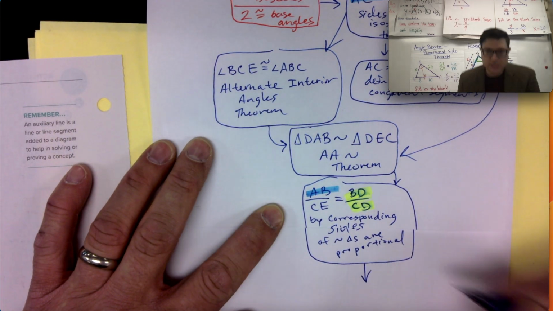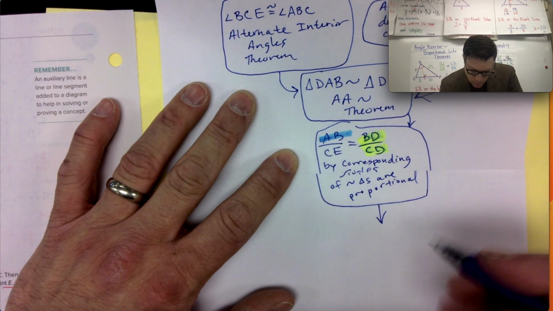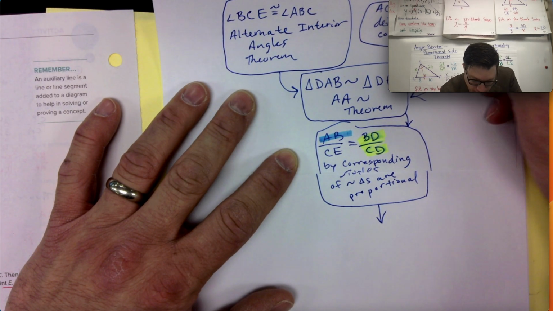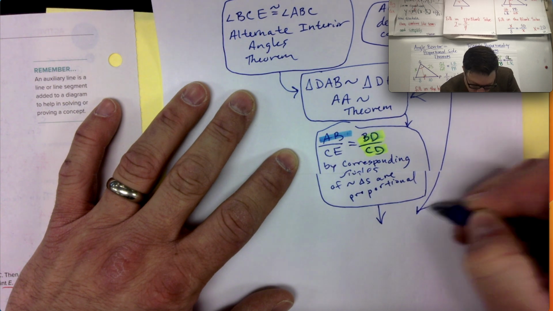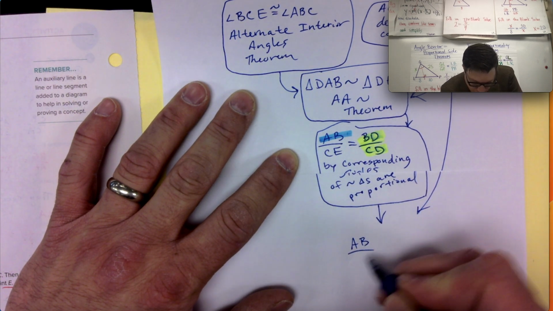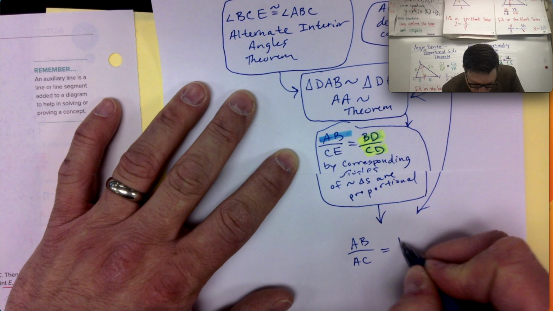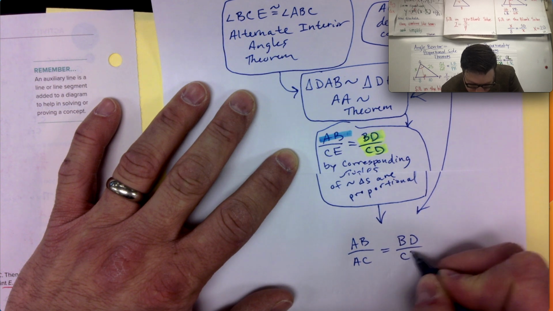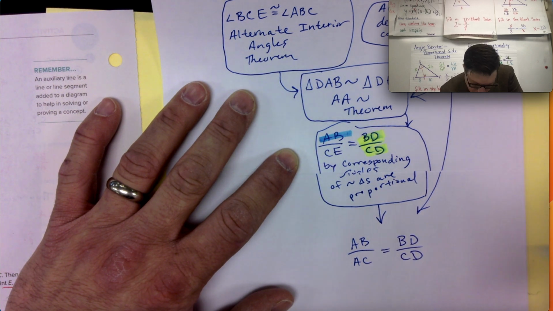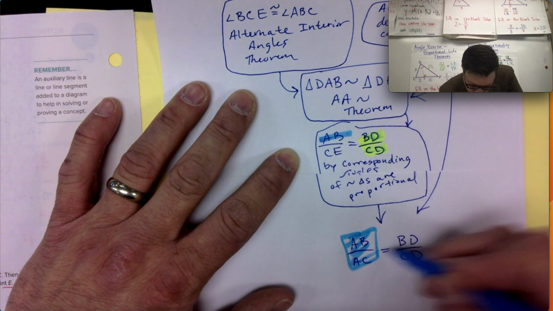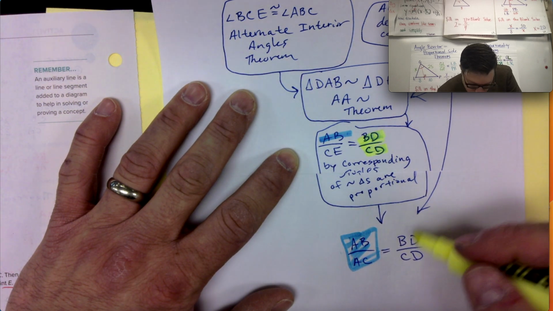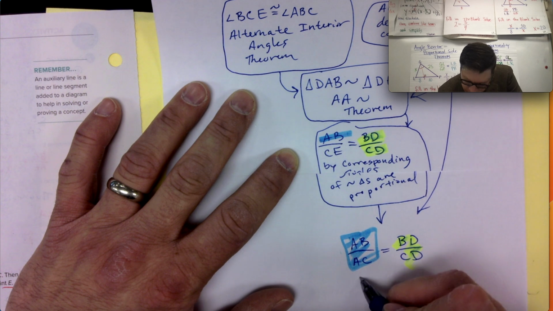So this box will push towards, with the help of the box above it, coming all the way in, AB over AC equals BD over CD. That's blue. That's yellow. That's the prove, and it's by substitution.